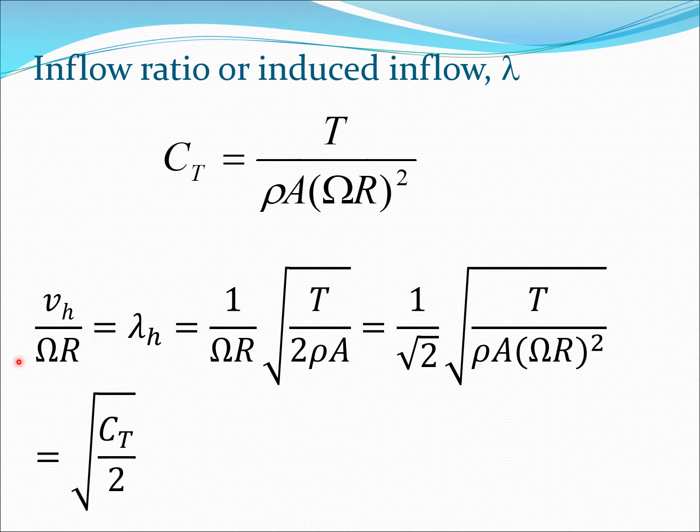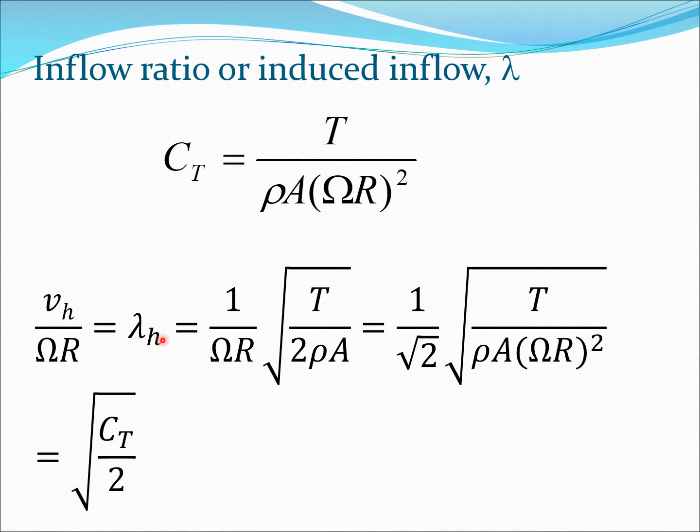Now this parameter is actually equal to the tip speed of the rotor in hover condition. So we are essentially dividing a velocity by velocity and obtaining this non-dimensional parameter, which is sometimes called the inflow ratio or the induced inflow, and we use the symbol lambda to write this out.